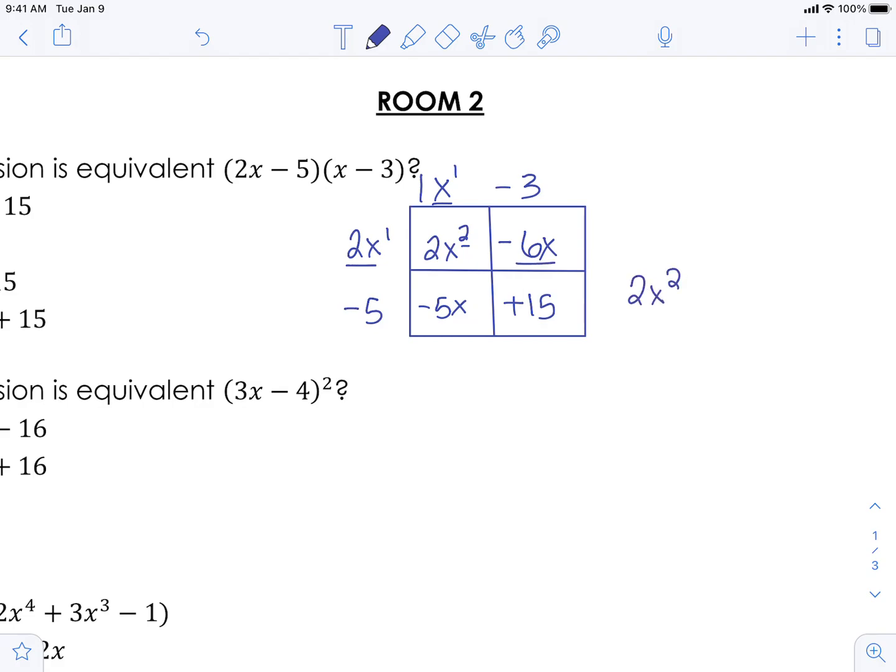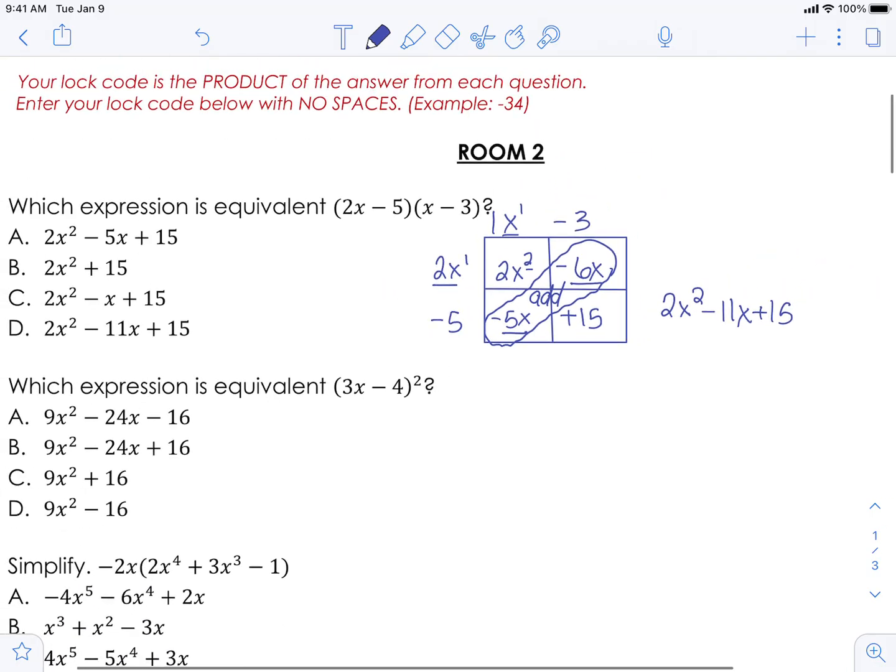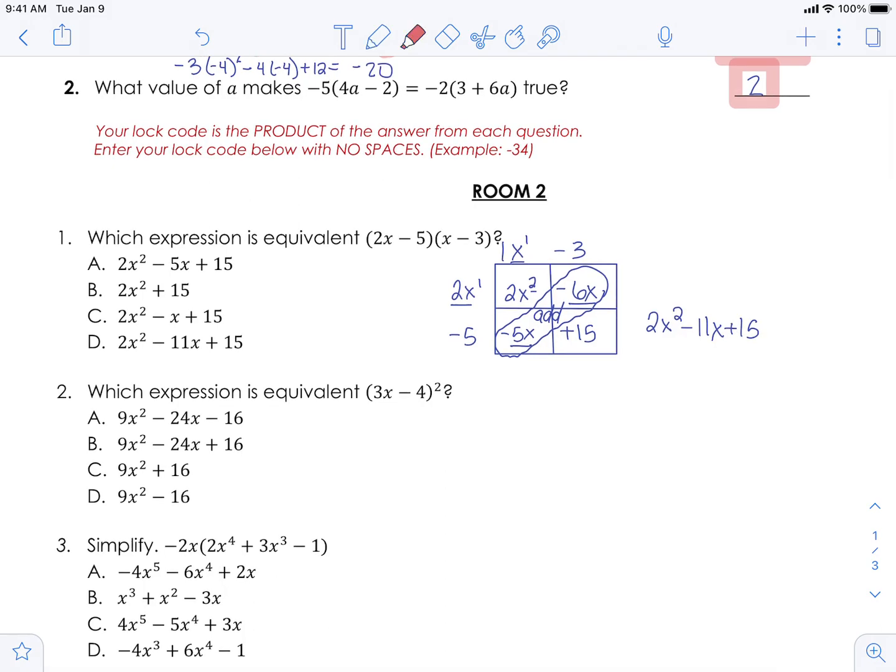I combine my like terms, negative 6x minus 5x. That gives me a negative 11x. Remember, when we're adding like terms, we do not mess with the variables. It stays the same. So again, we added those. And then I have plus 15. So if I look over here, I'm looking for an answer choice that matches that, which looks like it's answer choice D.